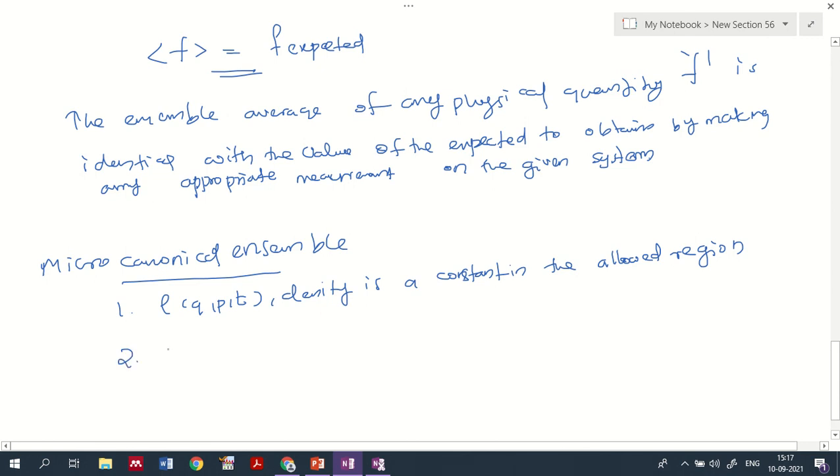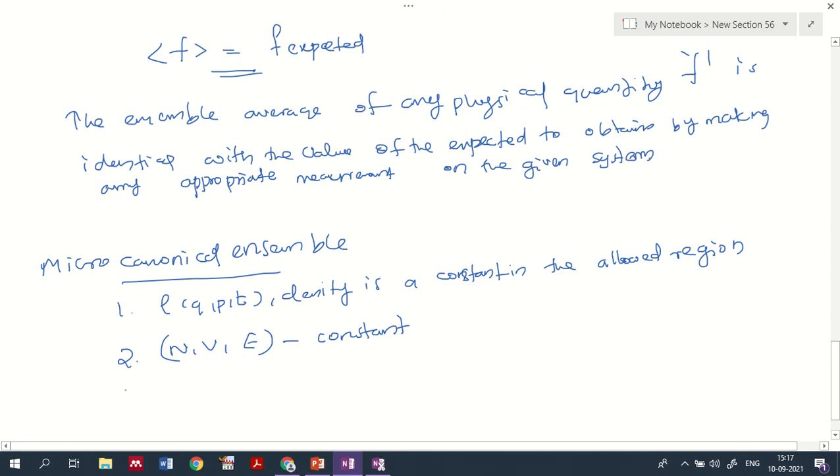We also said that for a microcanonical ensemble, N, V, E, that is the number of particles, volume, and energy, are constant.